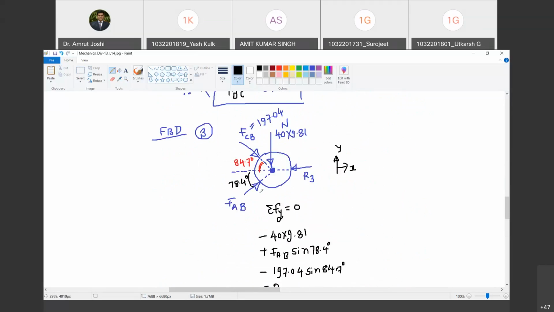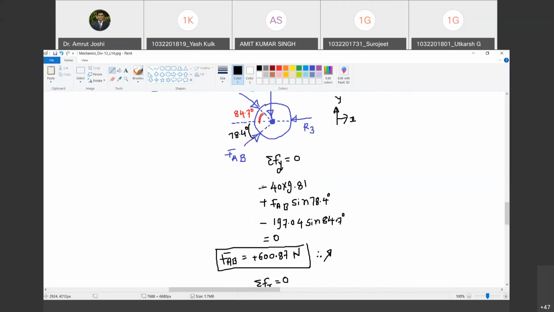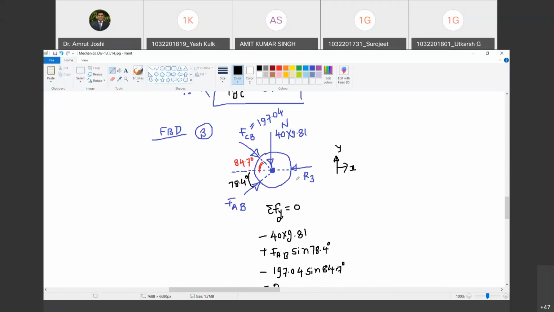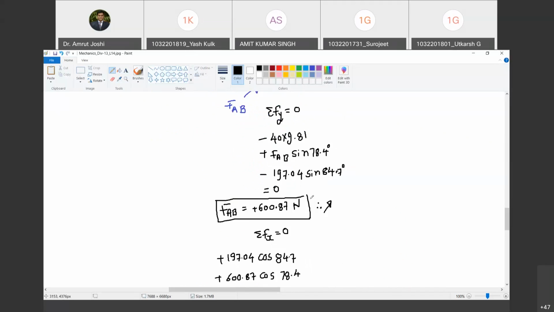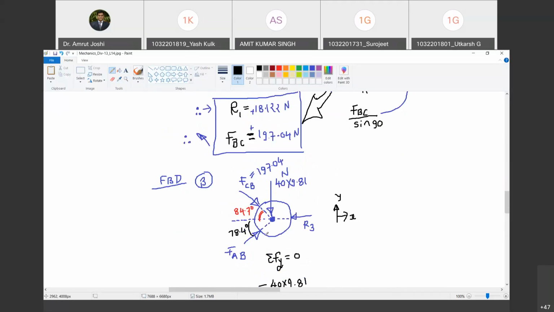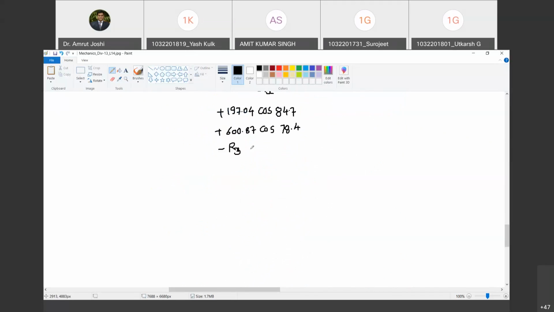Yes. Then FAB cos of 78.4, FAB is 600.87 cos of 78.4. Happy? Yes. This is also plus because it is going towards right. Minus R3. Happy? And there is no component of 40 into 9.81. Yes. So this has to be equal to 0.